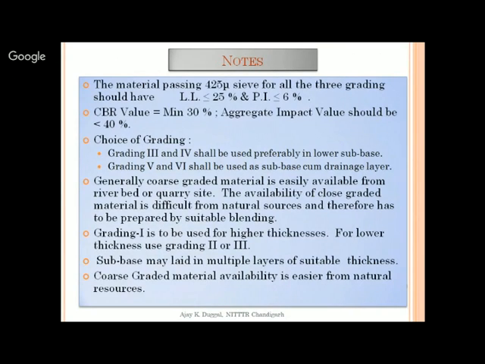So there we will use grading 3 and 4, and in certain cases when we require a drainage layer specially, then we can use grading 5 and 6, but grading 5 and 6 is used as a sub base cum drainage layer. So if I have a sub base layer comprised of 2 parts, the lower part shall be made of grading 3 and 4, and the upper part shall be of grading 5 and 6.